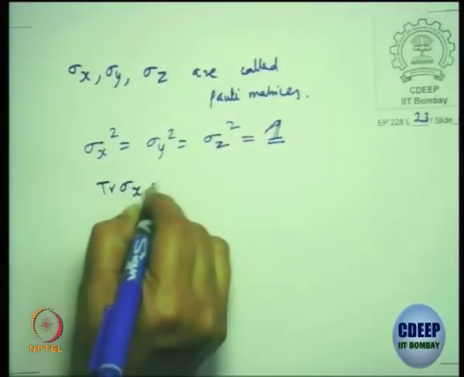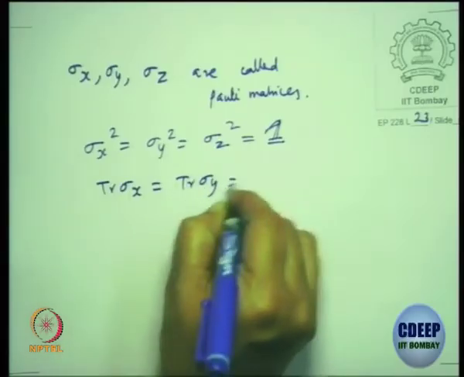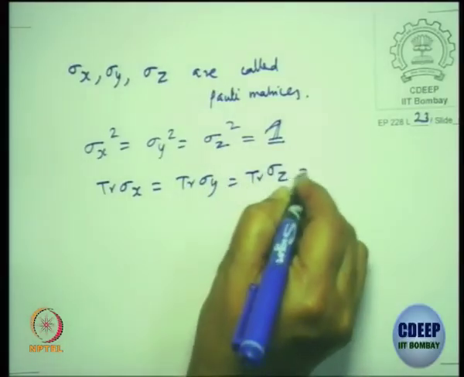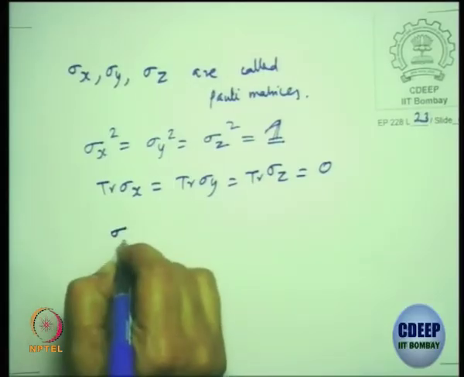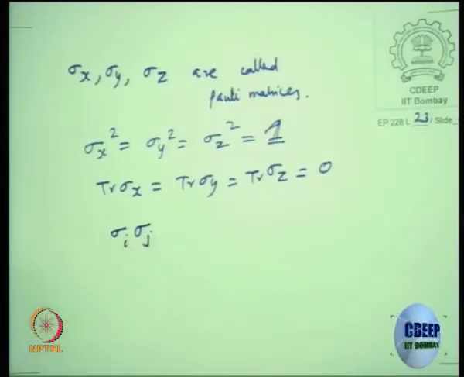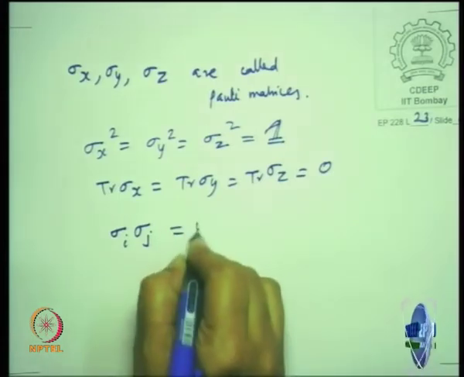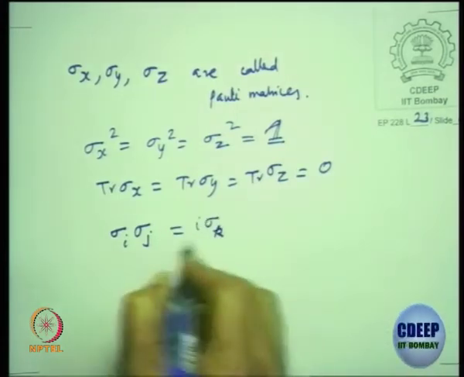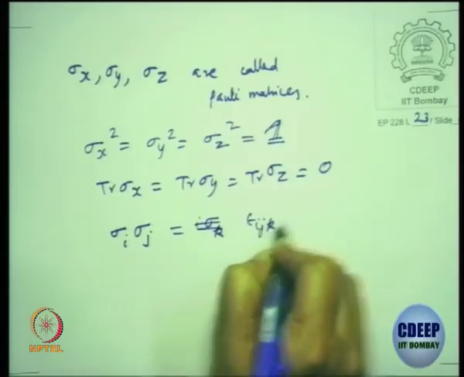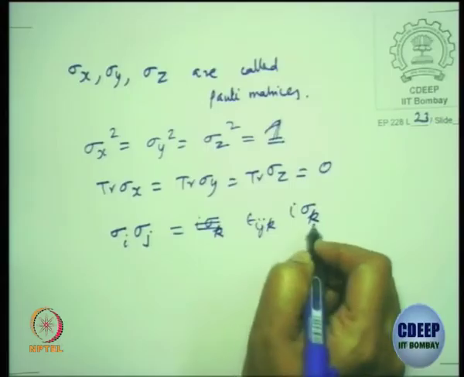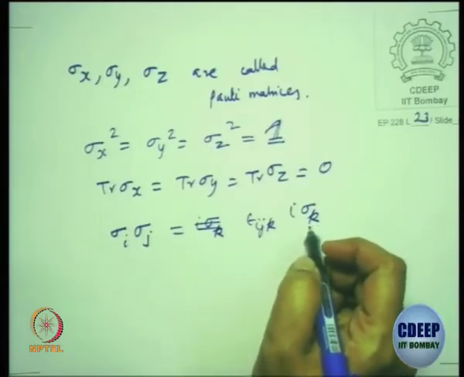Trace of sigma x, trace of sigma y, trace of sigma z is 0. Sigma i, sigma j is epsilon ijk I times sigma k. Is there an I or it's not there? It's there, right?